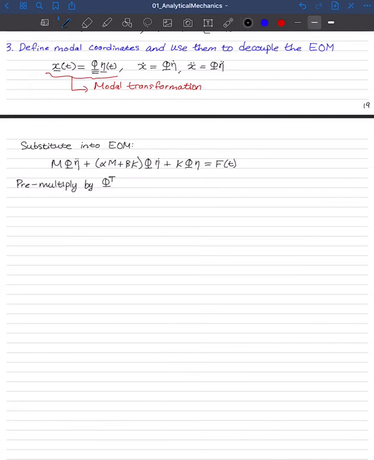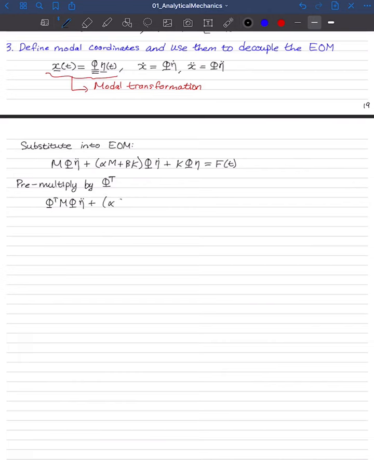And this will give us phi transpose times m times phi times eta double dot plus, and let's bring the phi transpose on the inside.